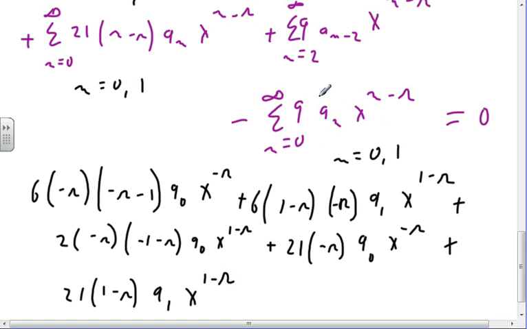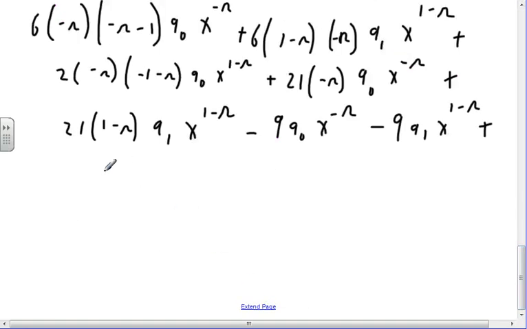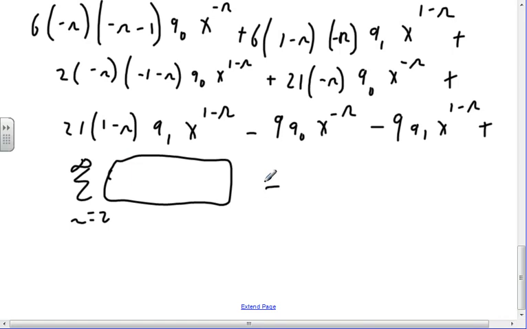Then I'm taking the 0 term out of each sum: minus 9 a0 x to the minus r, and the 1 term, minus 9 a1 x to the 1 minus r, plus the summation from n equals 2 to infinity of everybody else that I don't really care about.